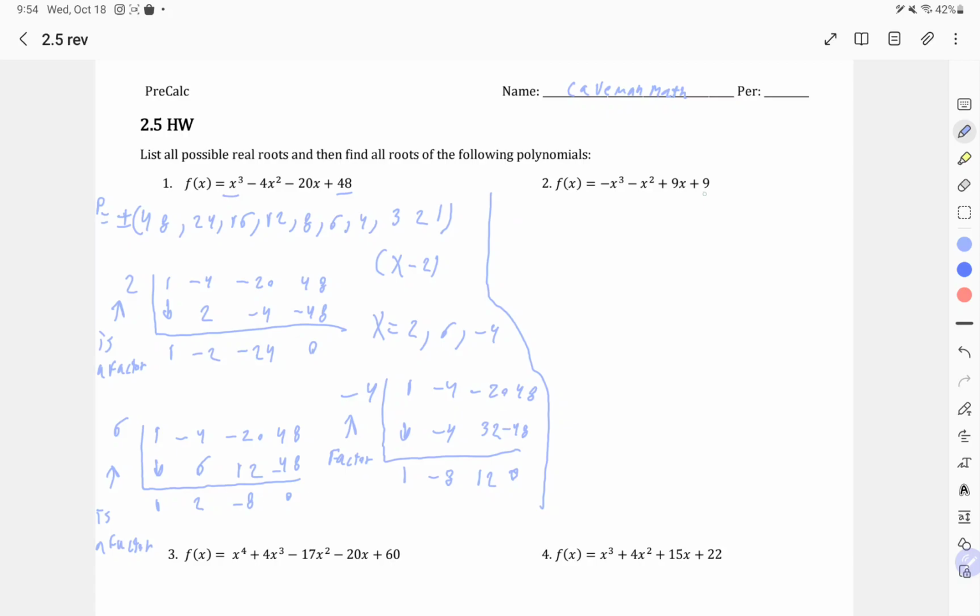So okay, 9, let's just write it, because it's definitely plus or minus 9, 3 and 1, because that's the only thing that's divisible by 9.